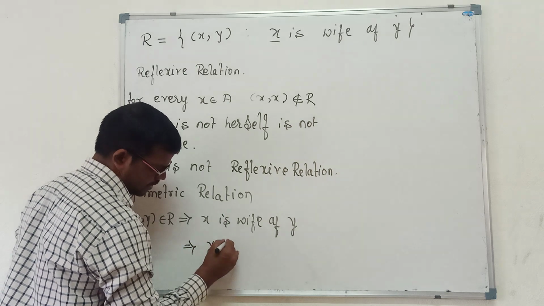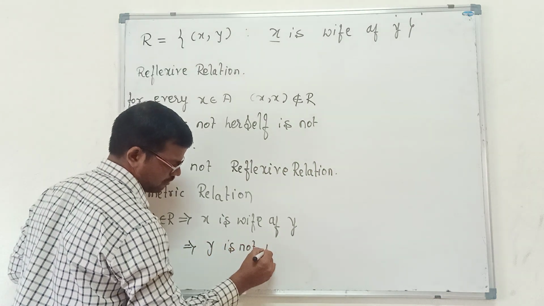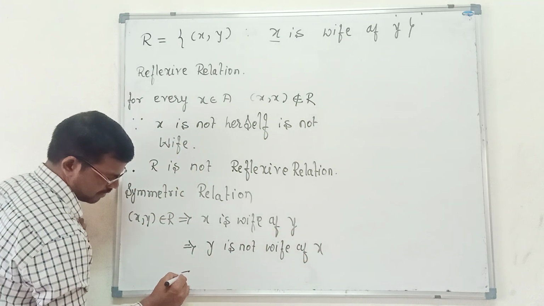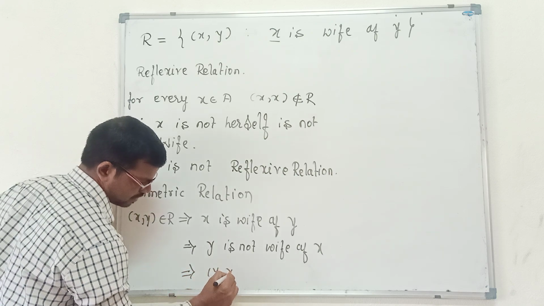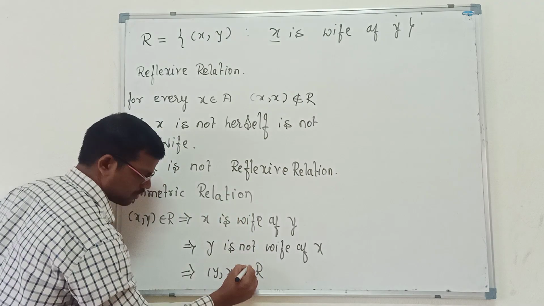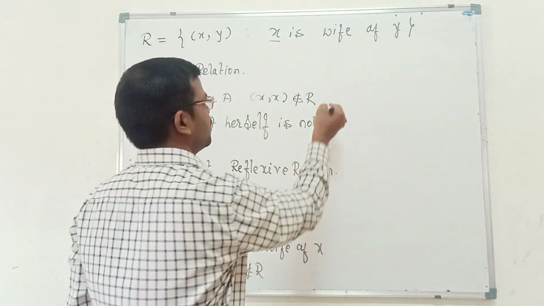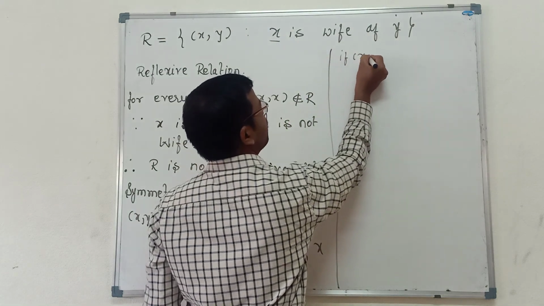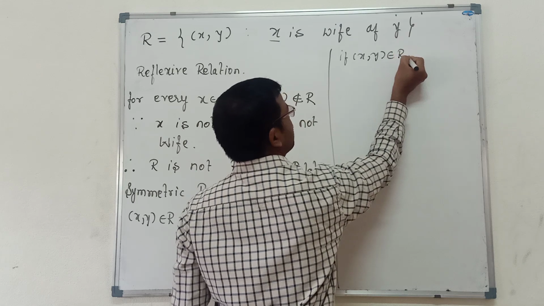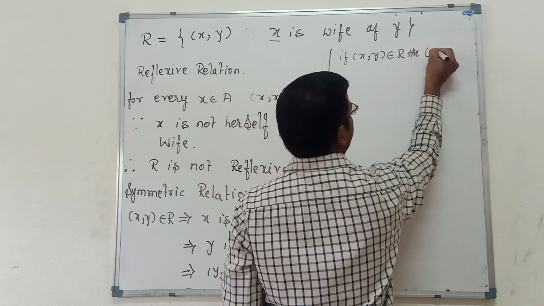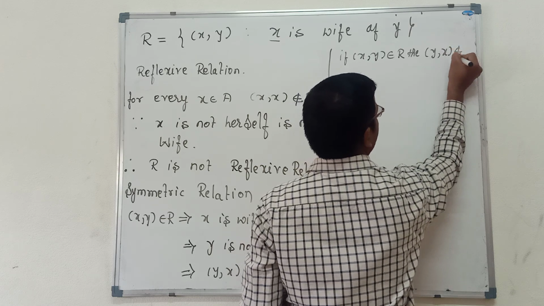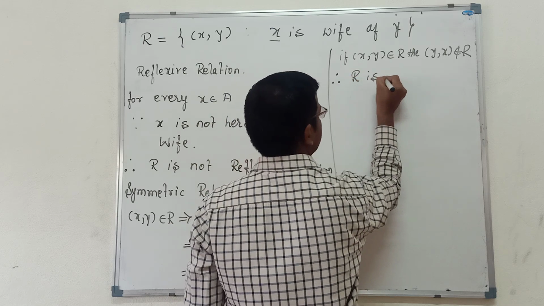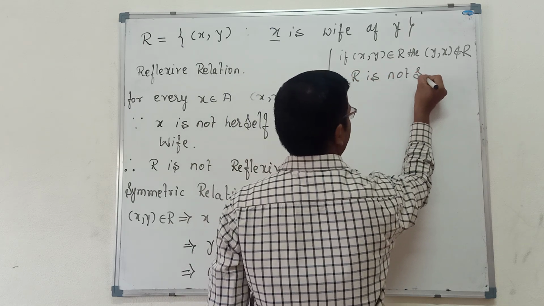It implies y is not a wife of x, so (y, x) does not belong to R. So here we got, if (x, y) belongs to R, then (y, x) does not belong to R. Therefore, R is not symmetric.